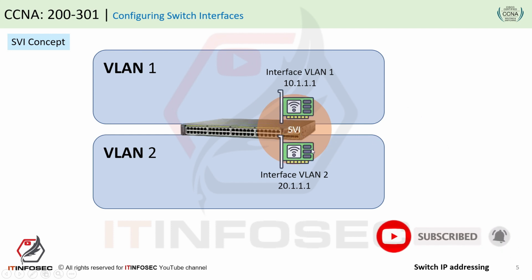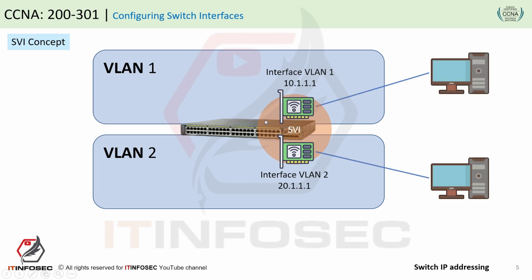In this switch SVI, I can have interface VLAN 1 for VLAN 1 and interface VLAN 2 for VLAN 2, and assign computers in each VLAN, and the computers must have an IP address in the same range as the interface VLAN. If our switch has interface VLAN with an IP address in the 10.x.x.x range, then my computer should be assigned an IP address in the 10.x.x.x range, and likewise for VLAN 2.